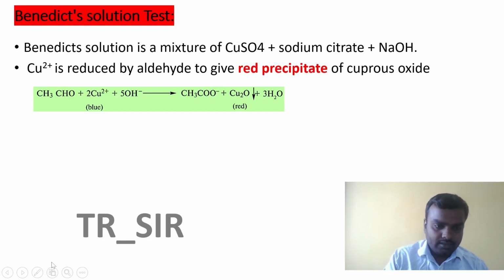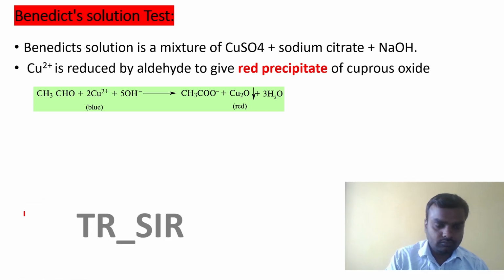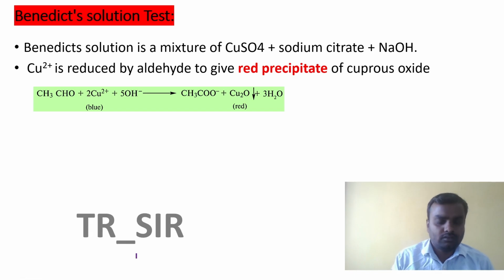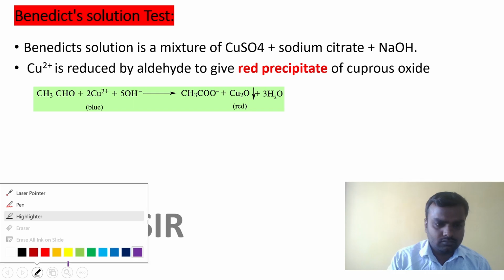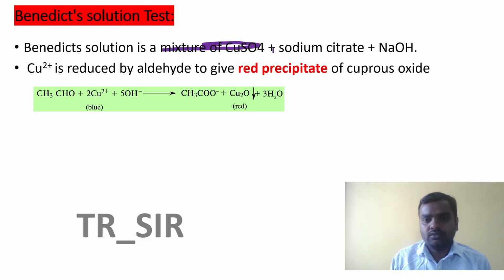Benedict's test, what will happen in this case? In the case of Benedict's test, the solution is a mixture of copper sulfate solution plus sodium citrate solution.